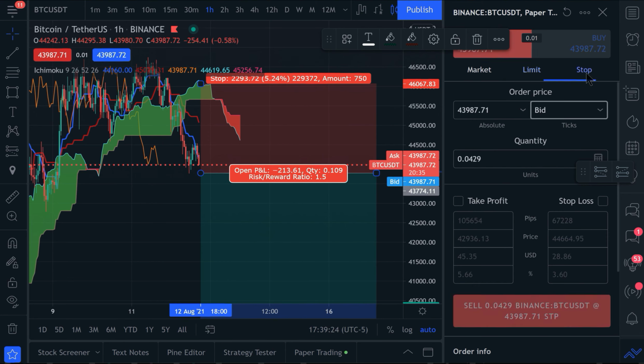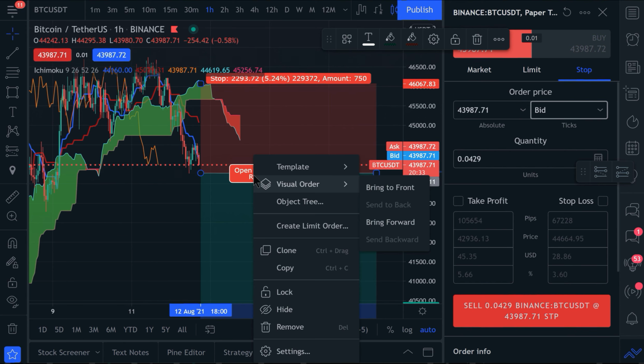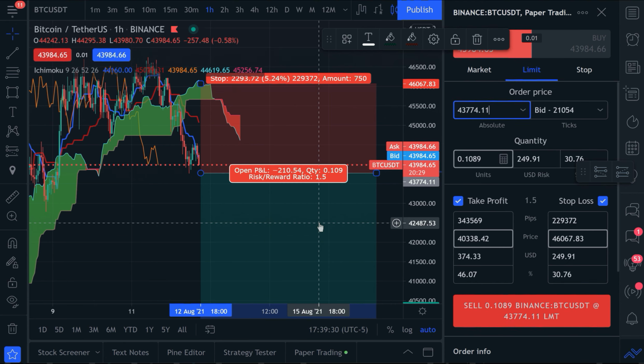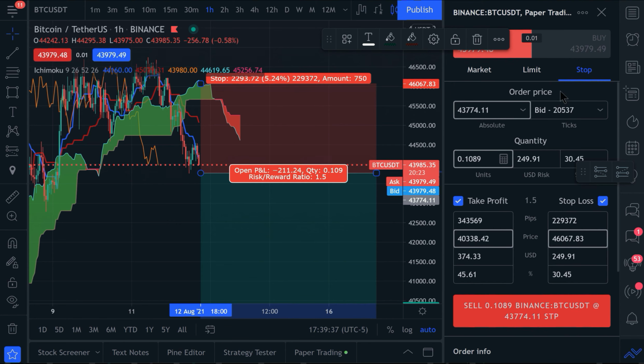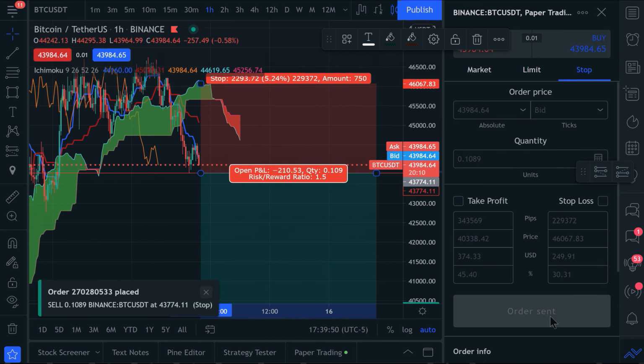I will go to stop and I will right click, create not limit. Well, starting, create the limit order just to be sure of the price and go to stop. You can see that just switching, this will activate here. I'm quite sure, not sure about the depth, but quite sure about it.